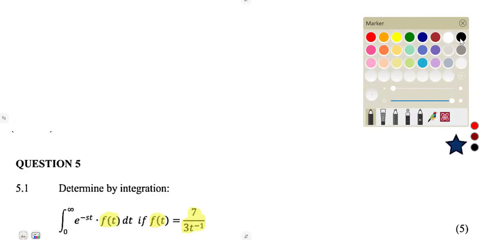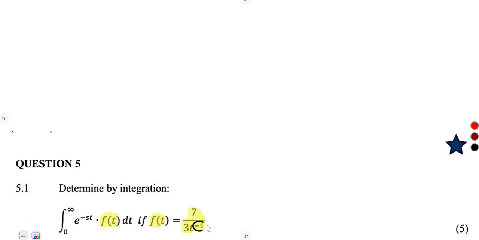Sometimes you can even avoid working with negative exponents like what we have on this part, 7 over 3t to the exponent of minus 1.